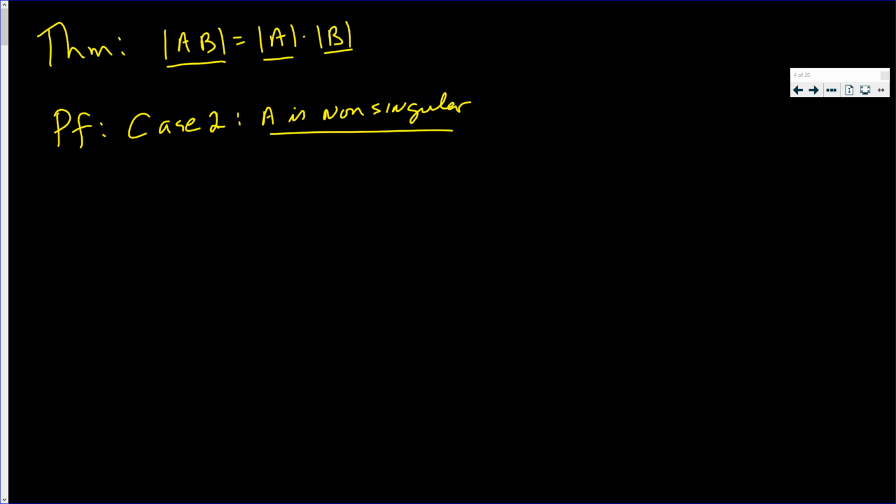A is non-singular and an elementary matrix. And now we have 3 subcases. Type 1.